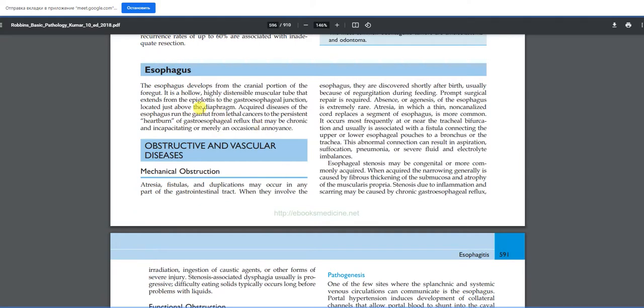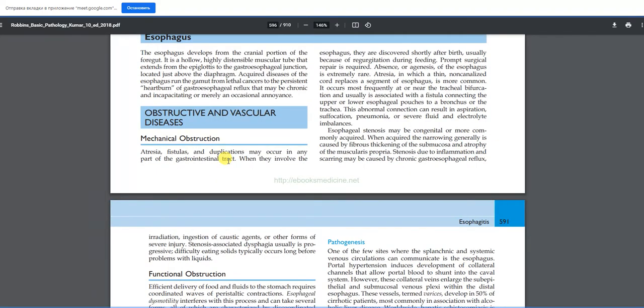So, esophagus. Let's talk about obstructive and vascular diseases. Obstructive diseases of the esophagus include atresia, fistulas, and duplications. They're congenital diseases. So atresia is an abrupt closing of the esophagus. It's a developmental issue.